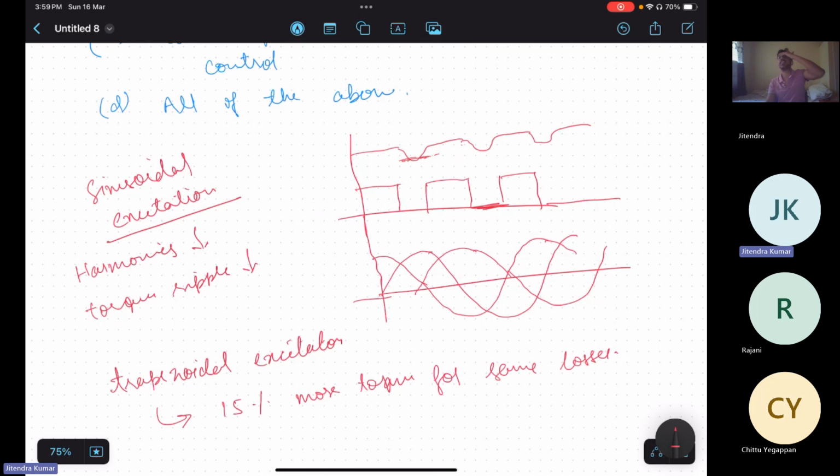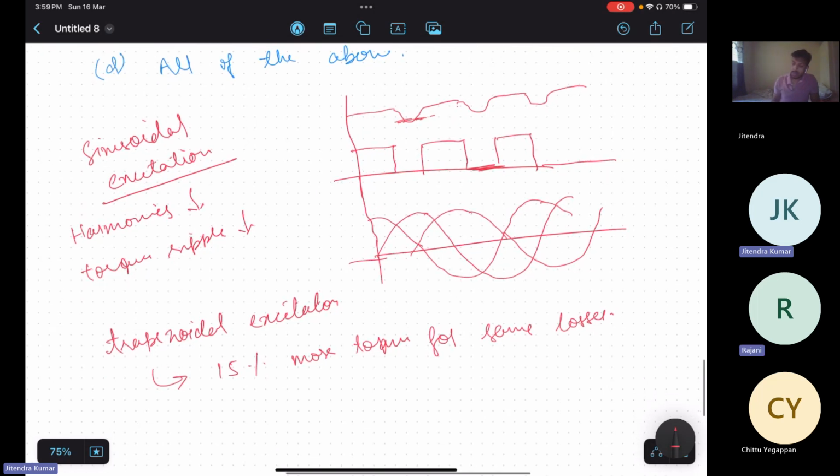I think it is mentioned in the book by Ramu Krishnan. You could refer to that. So you are getting 15% more torque in trapezoidal excitation, but on the other hand, in sinusoidal excitation, your harmonics and torque ripple are getting reduced. So it completely depends on you which excitation, which controller you choose. There is not a single answer to which excitation or controller you should choose.